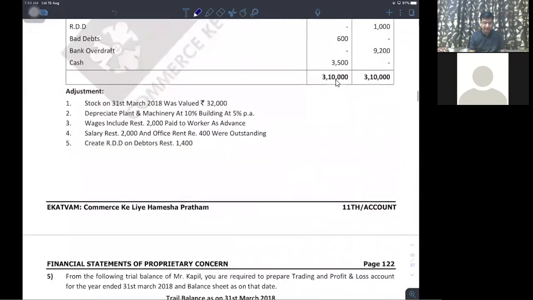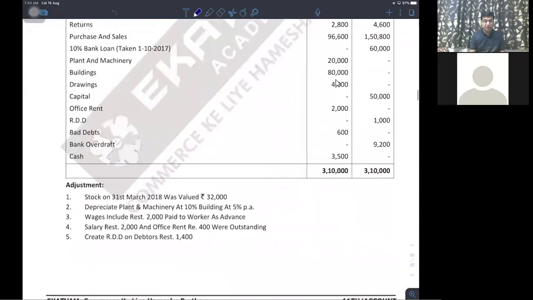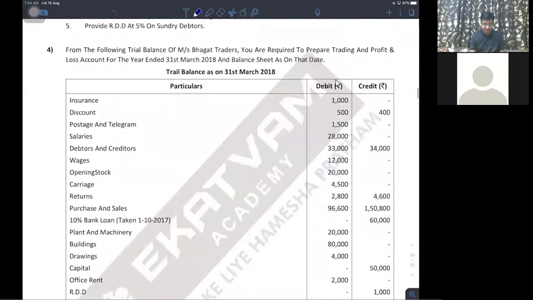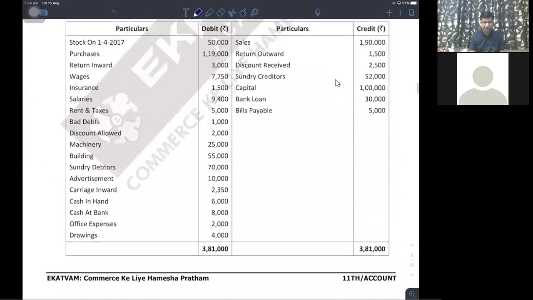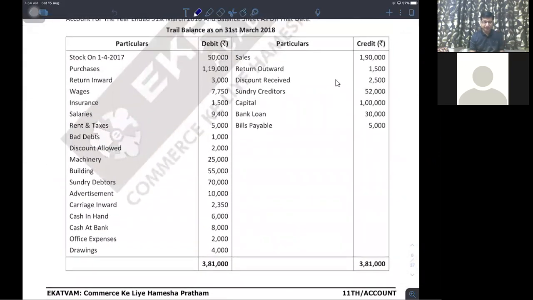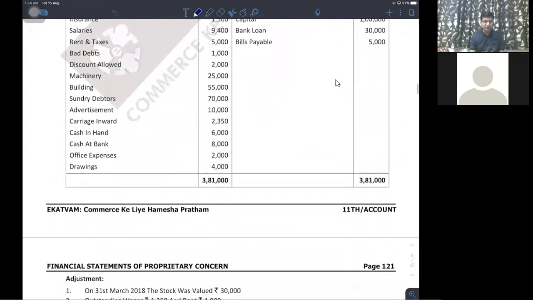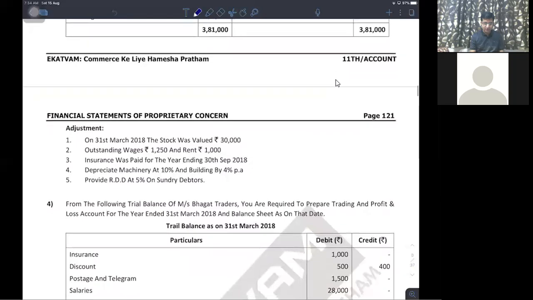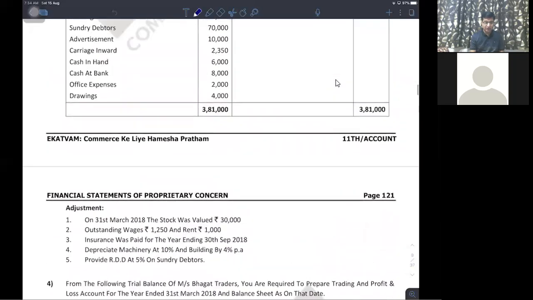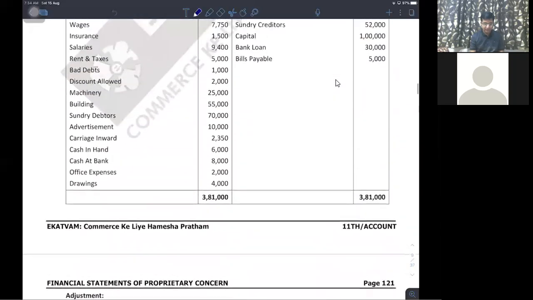I'll give you the answer right away. Answer about the balance sheet total, nothing else. Balance sheet total मैं अभी से आपको बता देता हूँ. You just try it out and you check out whether your answers are matching or not. And then wherever the doubt comes, that I'll be solving again. All right.